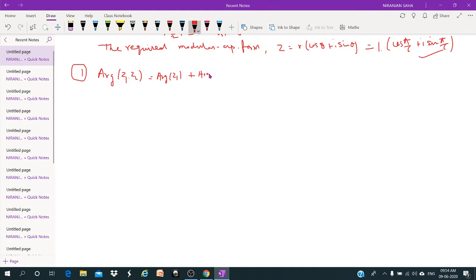It is a relation proved based on geometrical properties. We will just test whether this is true or not. Is it true?